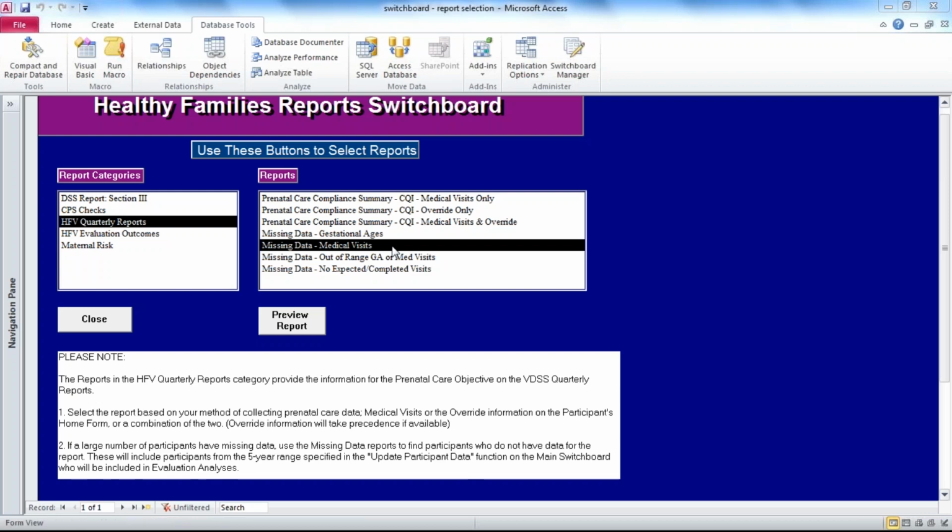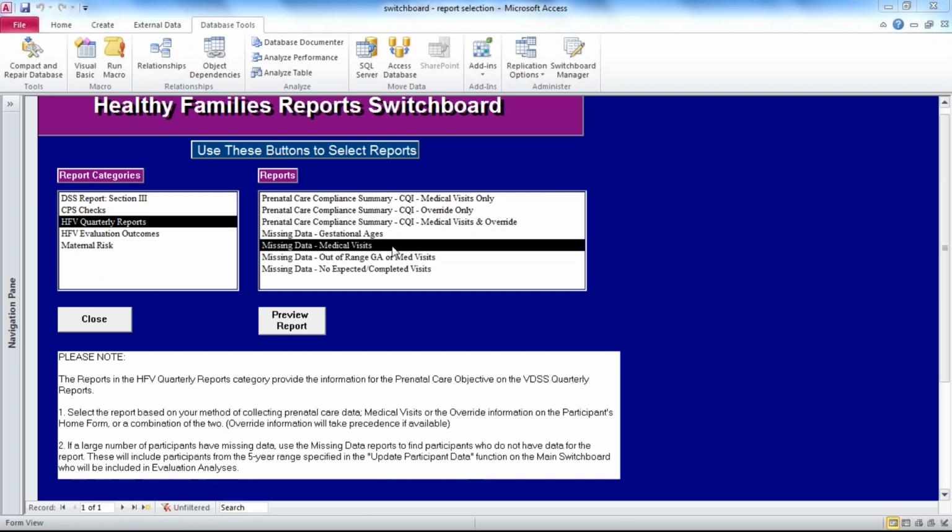So at birth, when you know how many visits they should have had from the time they enrolled to birth, you can enter the expected number of visits, and you should know how many visits they were able to make during that time from the time that they enrolled to the time the child was born, and you can enter that in the override. If you're really tracking medical visits well, you don't need to use the override.